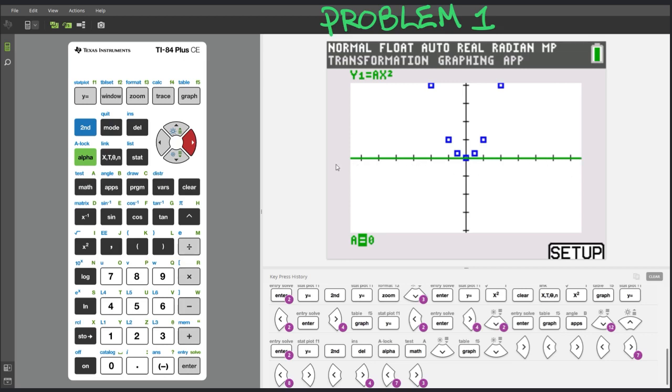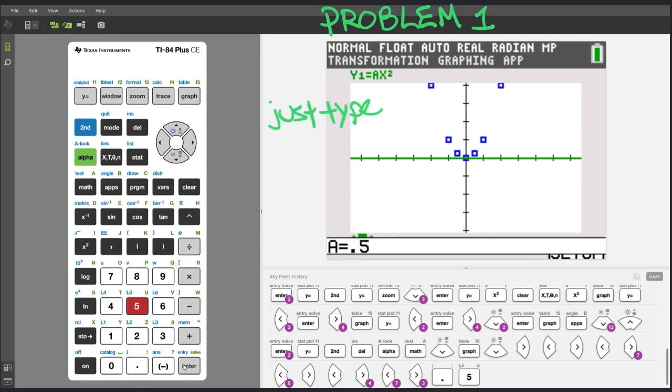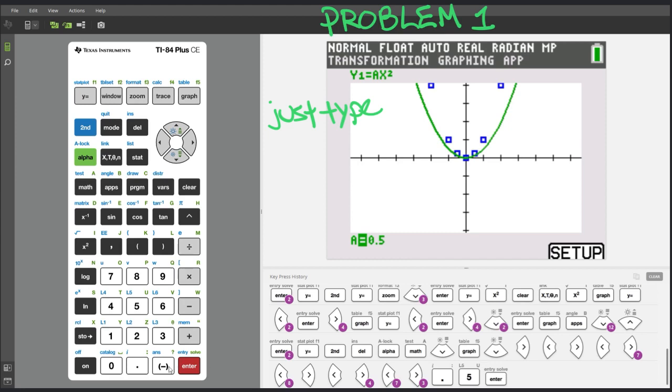The last one here, part E. What if we do something like 1/4 or 1/2? Okay, so let's try to do that. 0.5. And then 0.25.